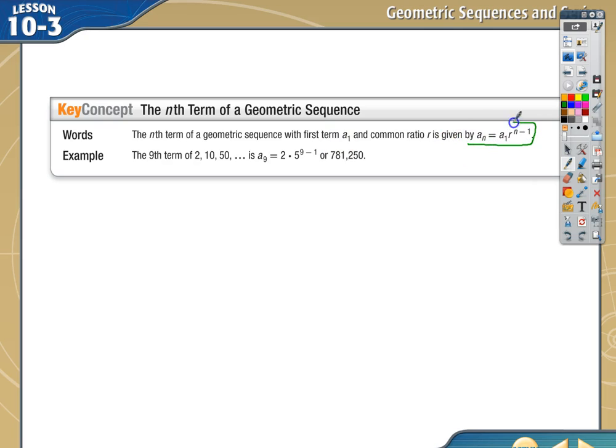This right here is your explicit way. It's telling you, if I want to find the 15th term, I plug it into my explicit formula, and it's going to tell me what my 15th term is. If I want to find my 12th term, I plug in 12, and it's going to tell me what my 12th term is. Let's see how this works.